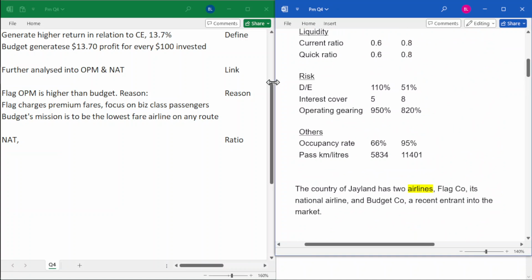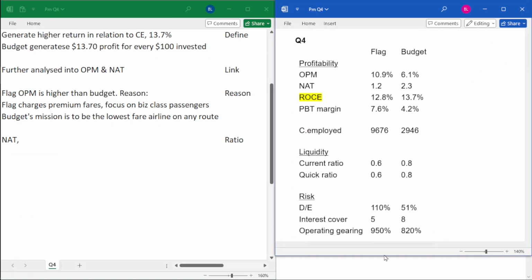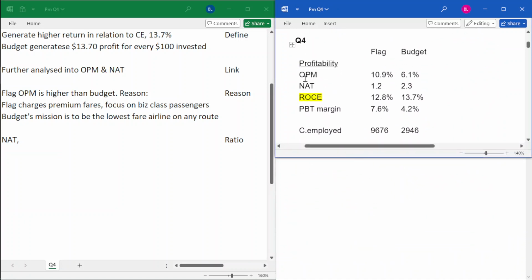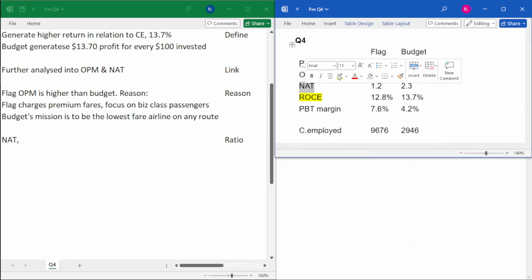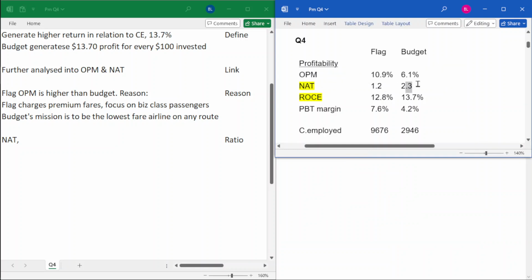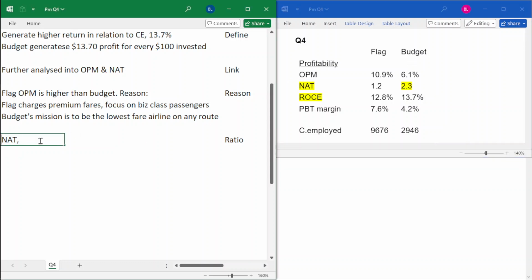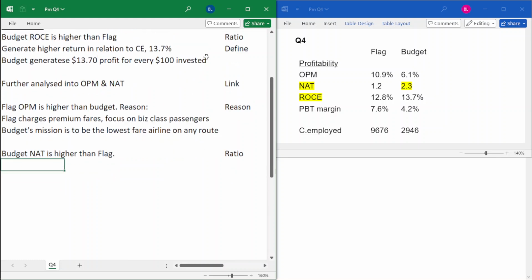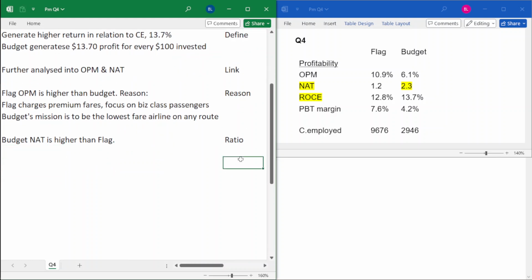The NAT is here. 2.3 is higher, right? So budget NAT is higher. So yeah, ratio. Then we can define it.